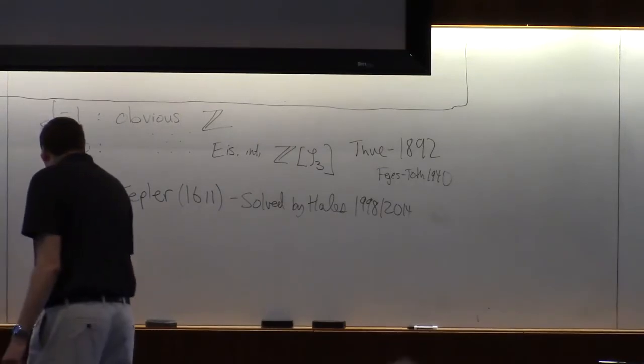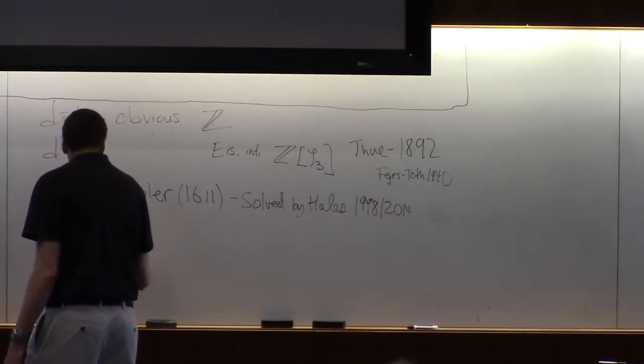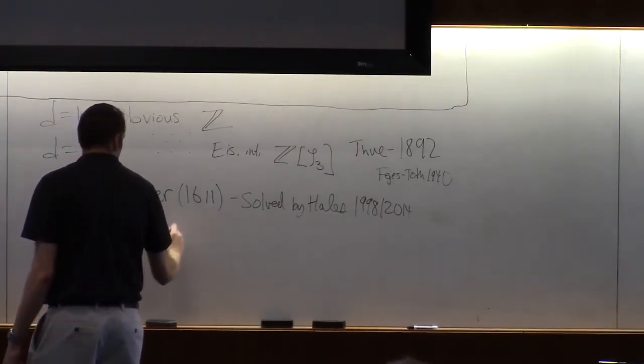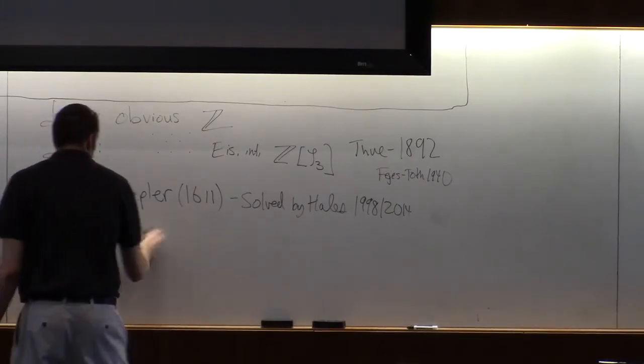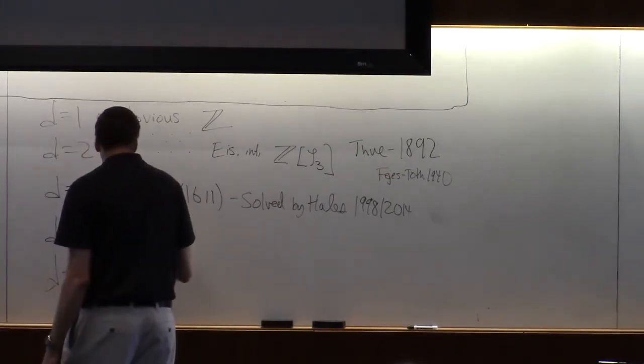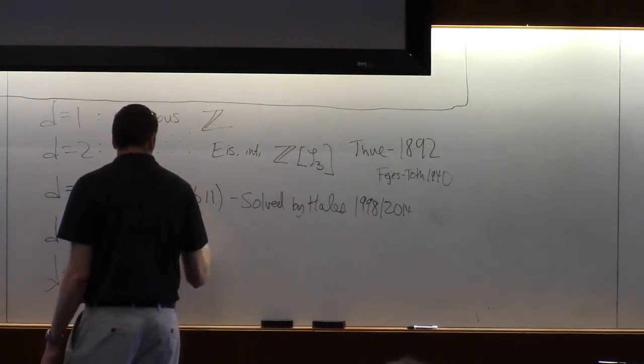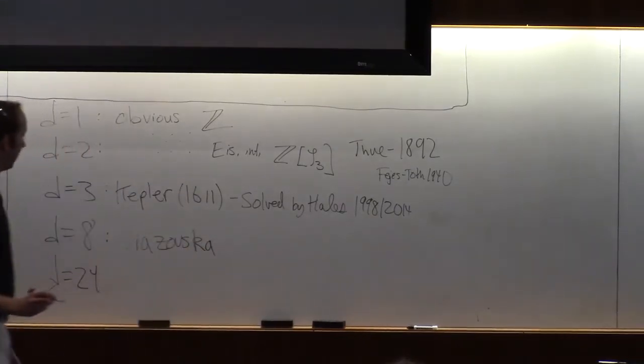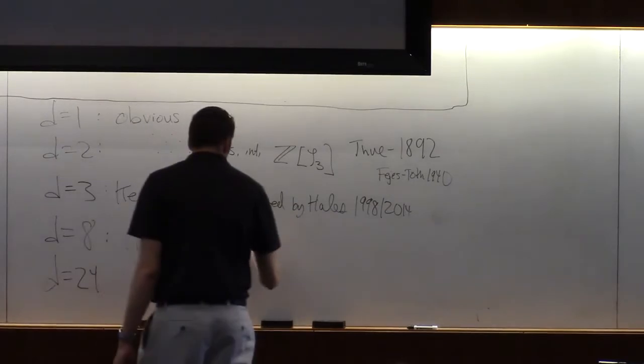And then just in this year, Marina Viazovska put a stunning preprint online, solved the problem in dimension 8. Okay, so this was put on the archive on March 14th.